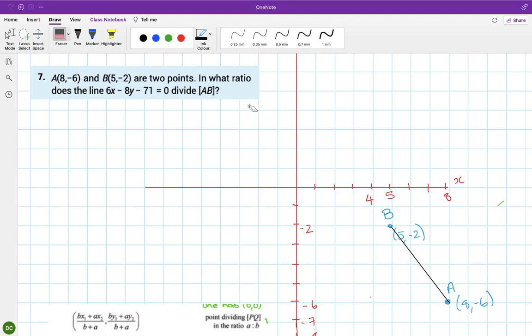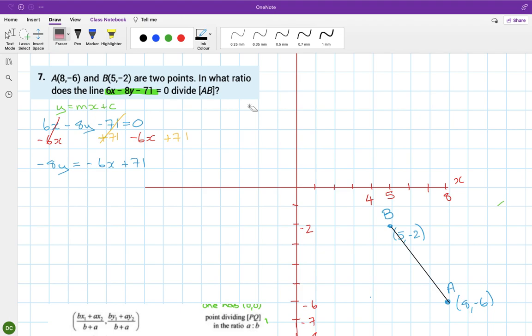I want to sketch this line, so let's do that quickly. To sketch a line, you need to write it in the form y equals mx plus c. So 6x minus 8y minus 71 equals 0. I'm going to minus the 6x on both sides, and plus the 71 on both sides, which gives me minus 8y equals minus 6x plus 71.